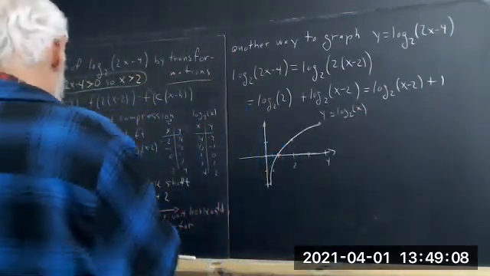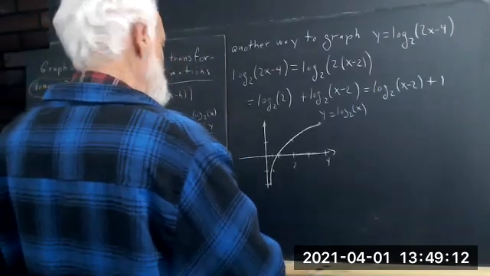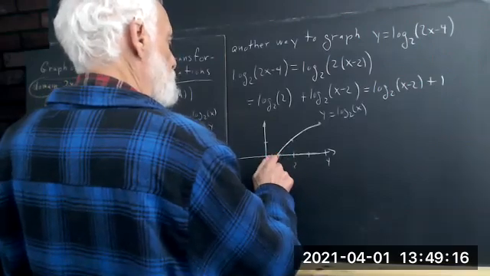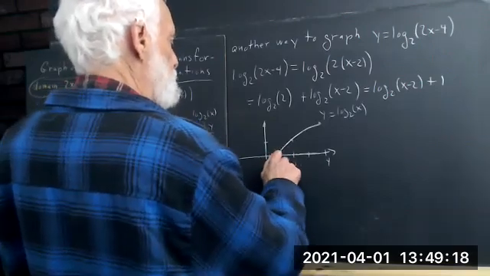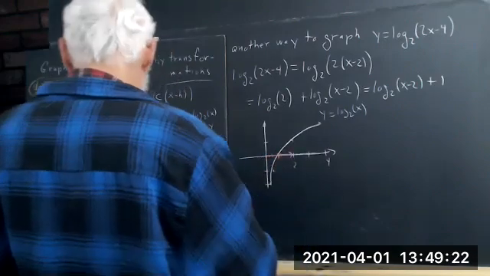And as we did before, we move the graph to the right 2 units. Well, there's our 2 unit vector.